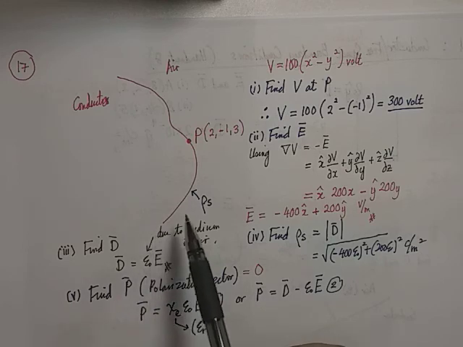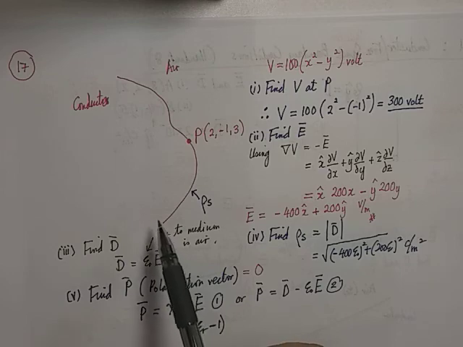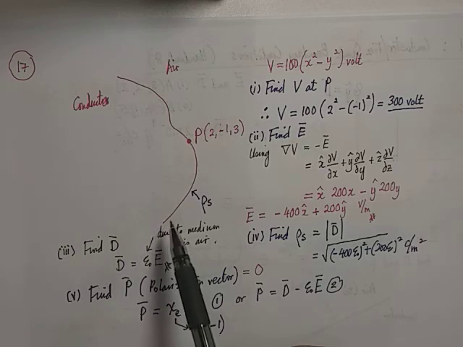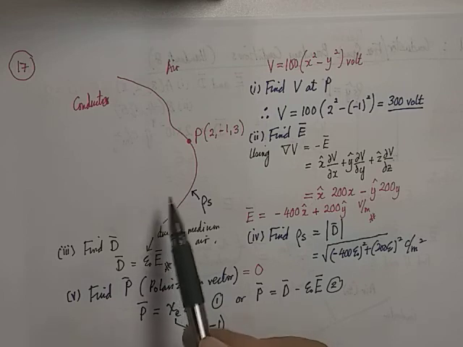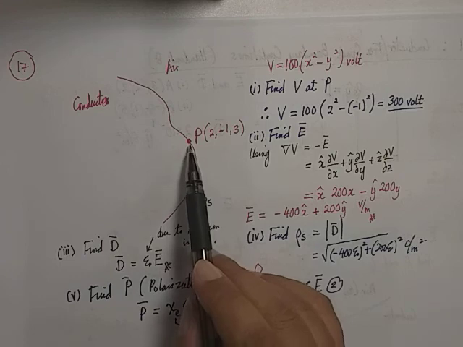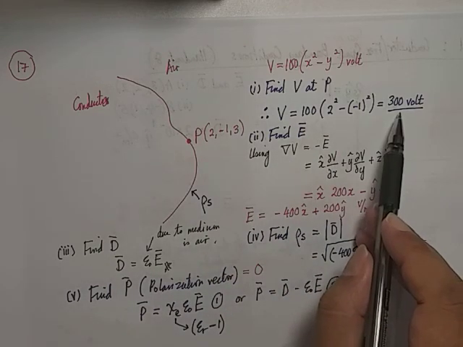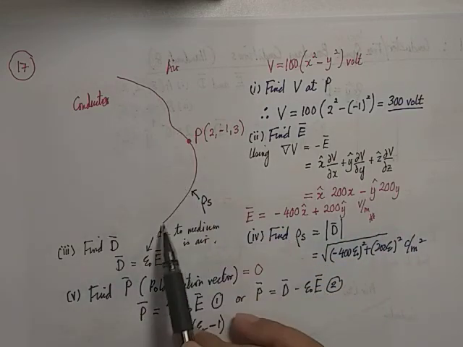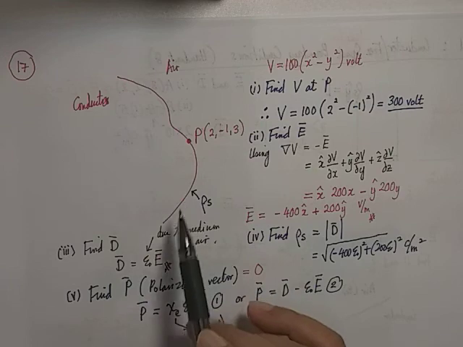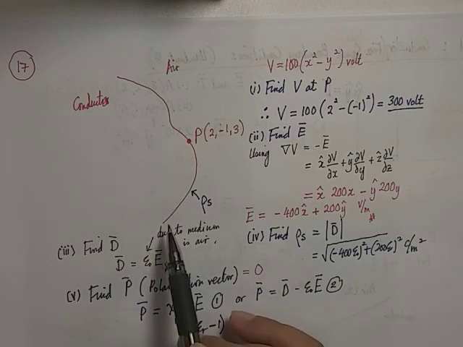Because a conductor must obey equilibrium properties. That's what we stated in our previous discussion regarding conductors under static conditions. So we already determined that at point P, the potential is equal to 300. Therefore, any point on this boundary or interface will have the same value of potential, which is 300.